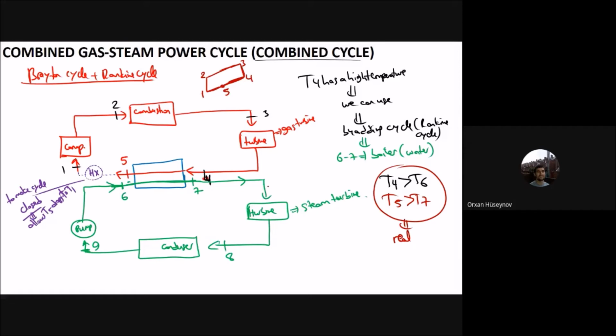It is not required that you always have to use water. For this one, you can use some fluid that has a lower boiling temperature. Okay, so you can use, for example, some organic fluids that have a lower boiling temperature.